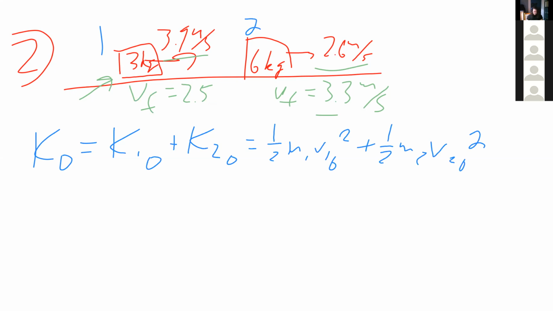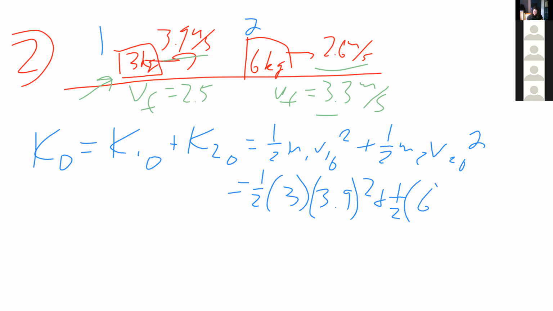And again, I know my initial speeds and I know my masses, so it's just as simple as plugging in. This will be 1/2 times mass 1 is 3. Velocity for block 1 initial is 3.9 squared plus 1/2 mass of block 2 is 6. And the speed of block 2 initially is 2.6. I square that.